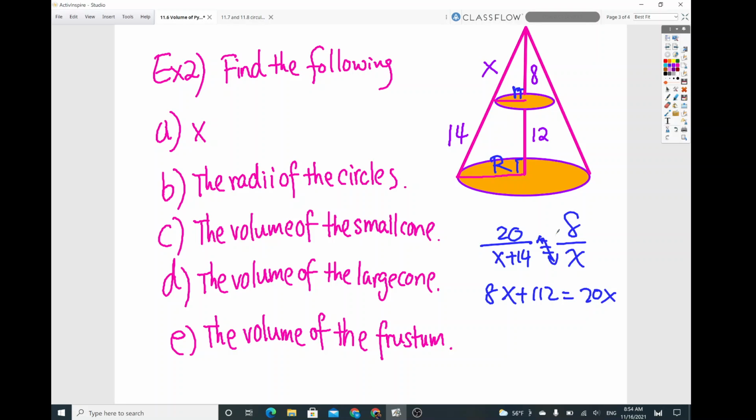So cross multiply, we want to solve for x first. 20x minus 8x gives us 12x equals 112. Divide both sides by 12, so 112 divided by 12. Is that divisible? Let's do the long division.